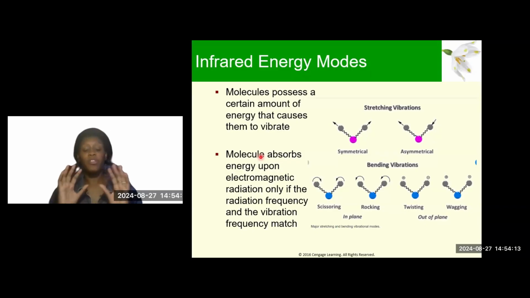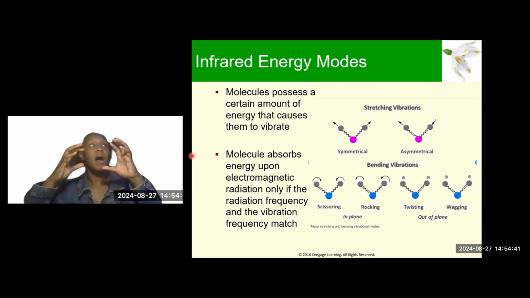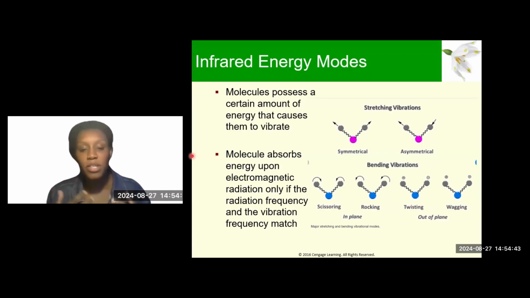If anybody who's ever used a tuning fork or knows how to use a tuning fork, what happens is you have a tuning fork, and when the note is played and the tuning fork vibrates, those frequencies are the same, when the notes are the same. So it's kind of similar to that. And so molecules absorb energy from electromagnetic radiation only if the radiation frequency and the vibration frequency match. Okay, so when they match, this energy is absorbed into the molecules.